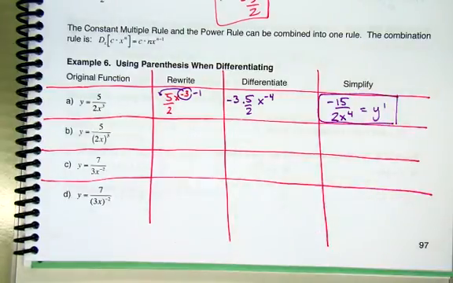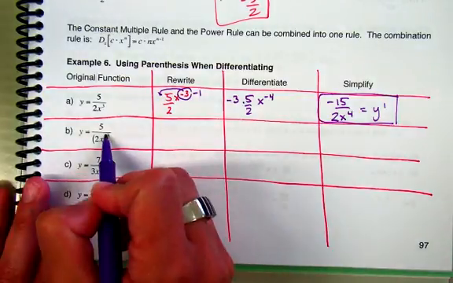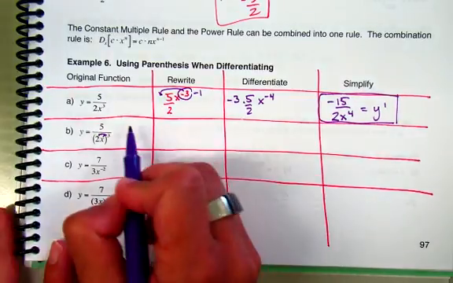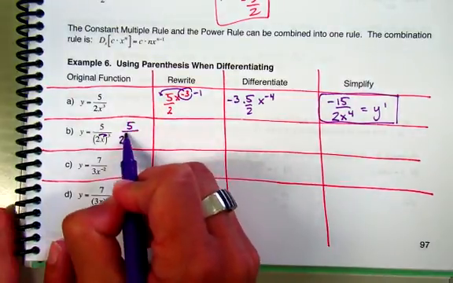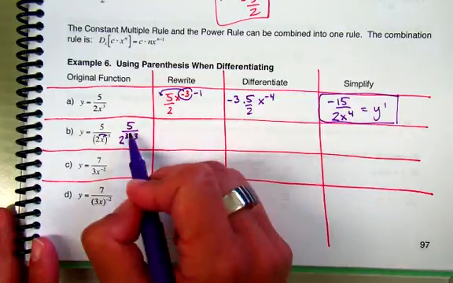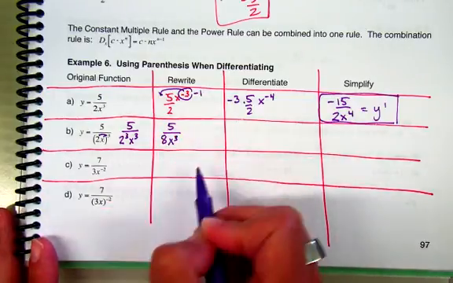Okay. On letter B, my hint would be to work this out first. So this 3 really distributes into each of those first. So this is more like 5 over 2 to the 3rd x to the 3rd. So it'd be 5 over 8 x to the 3rd.